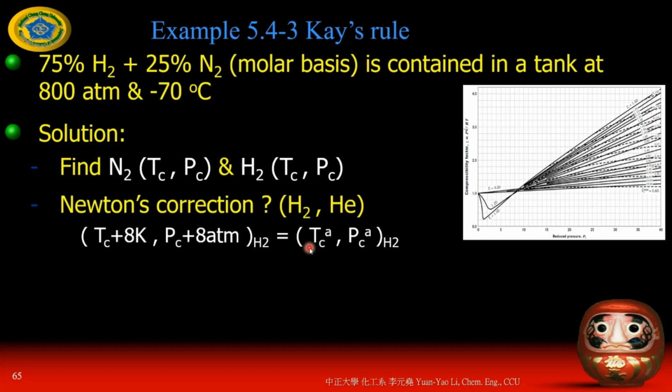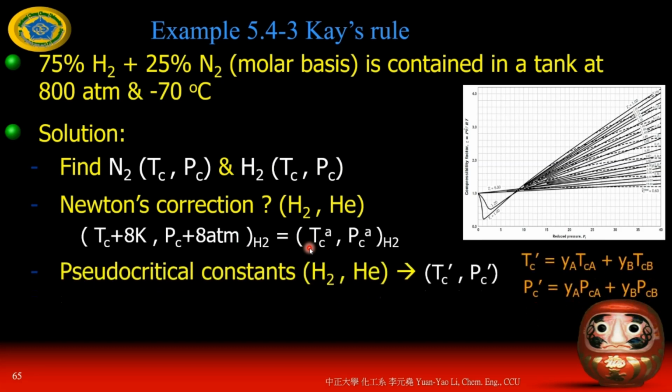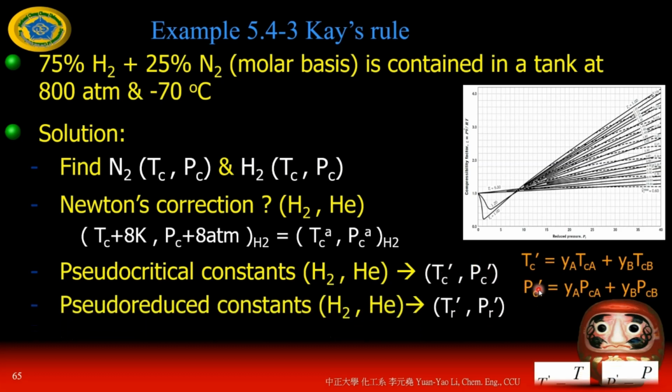After that, you need to find the pseudo-critical constants for the mixture. We use TC prime and PC prime, and I already introduced how you find them, using molar fraction. Once you find TC prime and PC prime, next you need to find TR prime and PR prime. This is the equation you need to know, right?